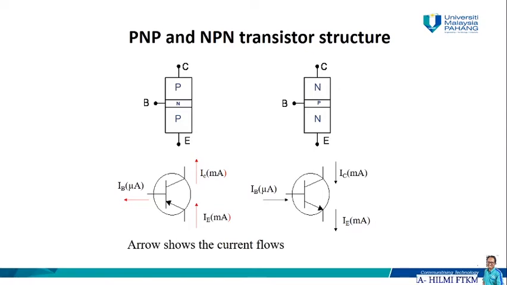So, PNP and NPN transistor structure. Basically the current flow inside the PNP transistor is from the emitter into the transistor, and then from the transistor IB and IC also flow outward.